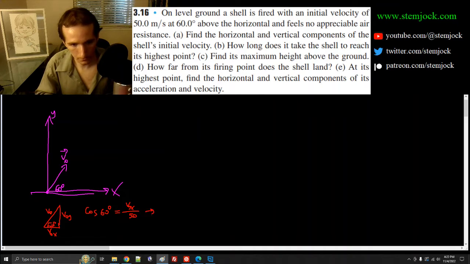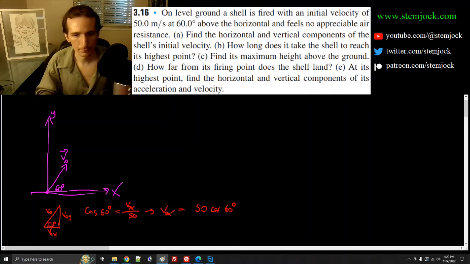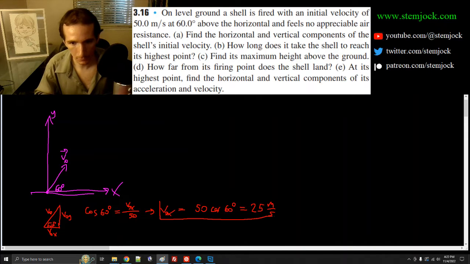If I solve this for v0x by multiplying both sides by 50, I get 50 cosine 60 degrees. 60 degrees is one of the standard angles for trig functions, and cosine of 60 degrees is 1/2. So v0x is 25 meters per second. This is one of our answers, the horizontal component of the shell's initial velocity.